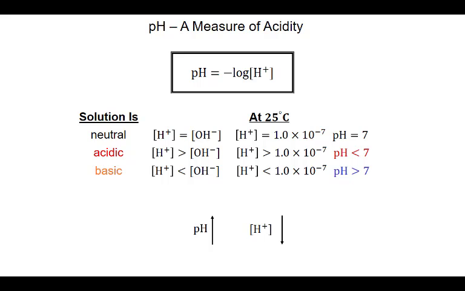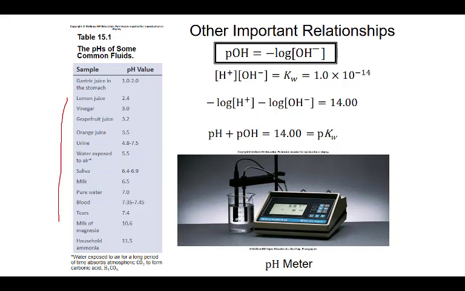And mathematically you can also calculate the pH by this equation: pH is equal to negative log of hydrogen ion concentration. And for the base, you can calculate the pOH by negative log of hydroxyl ion concentration. So there is a relationship between pH and pOH. The measurement can be done by machine and by mathematics, both.